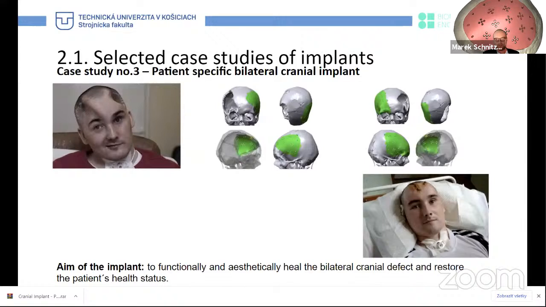This was the bilateral implantation. So the implant was in the region of the arc and ocular arc, and it was both-sided.